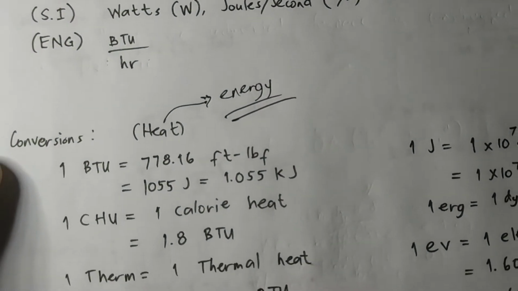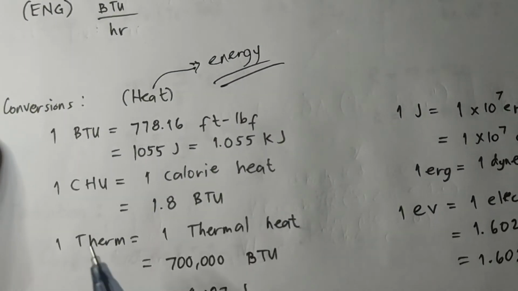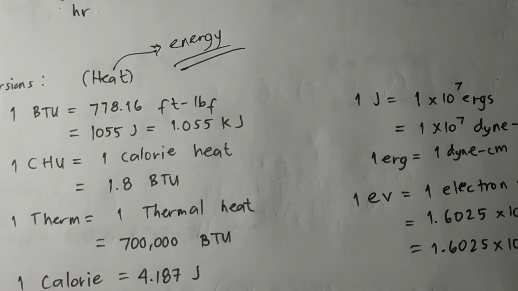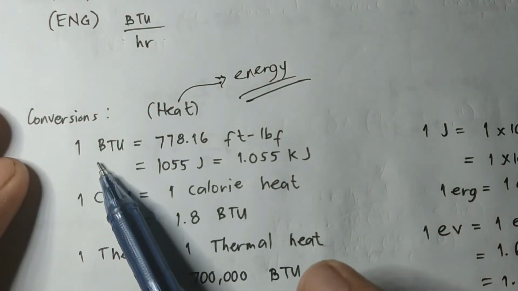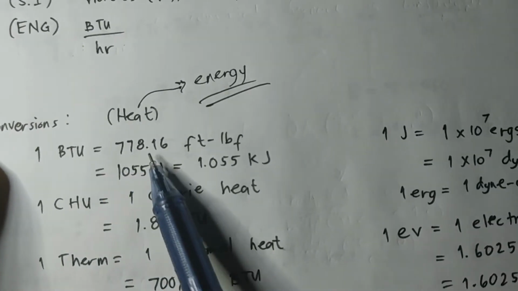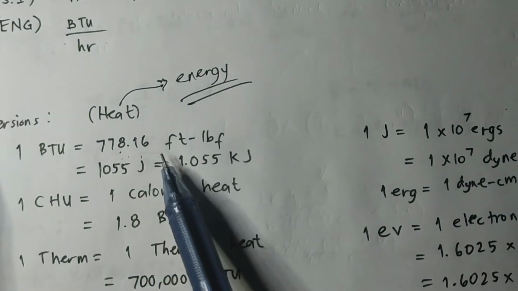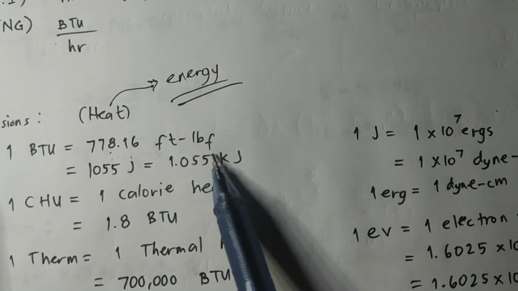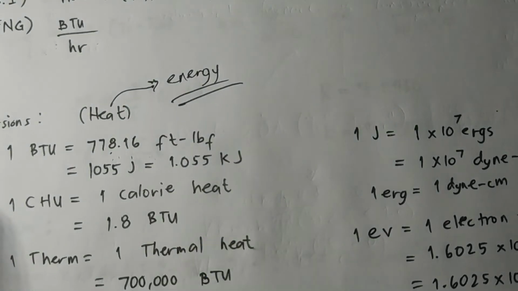wherein ang conversion of units ng energy ay naririto sa ating harapan. Una, 1 BTU or British Thermal Unit is equal to 778.16 foot-pound force. So tandaan natin itong mga conversions na to.